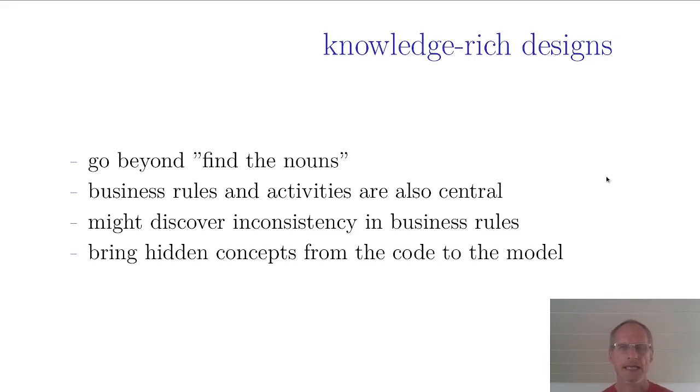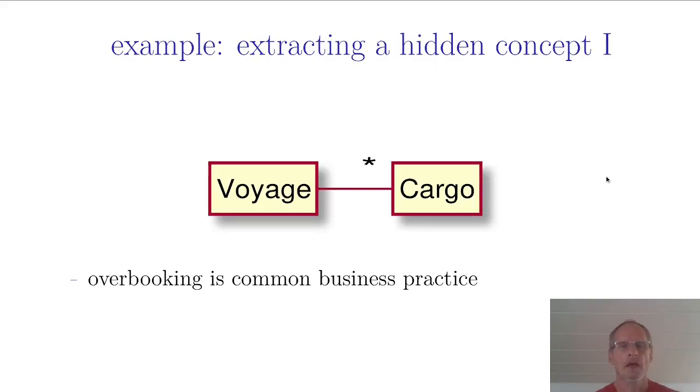Another thing that can happen when we work towards knowledge-rich designs, another thing that we want to happen, is that we bring hidden concepts from the code to the model, so that we might discover some hidden concept, or we might have the feeling that there is some hidden concept missing from our modeling, and to then explore the model to include that hidden concept. So next we're going to talk about an example where we are extracting a hidden concept.